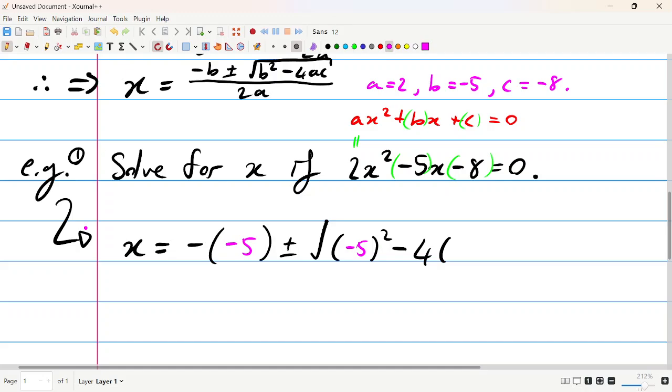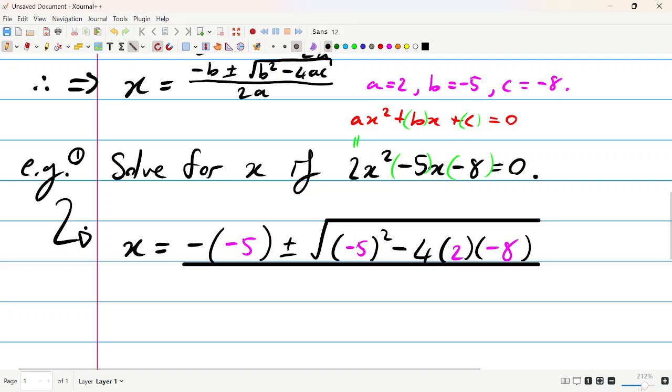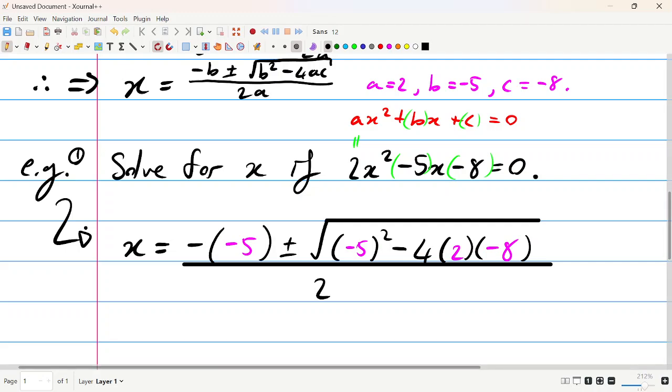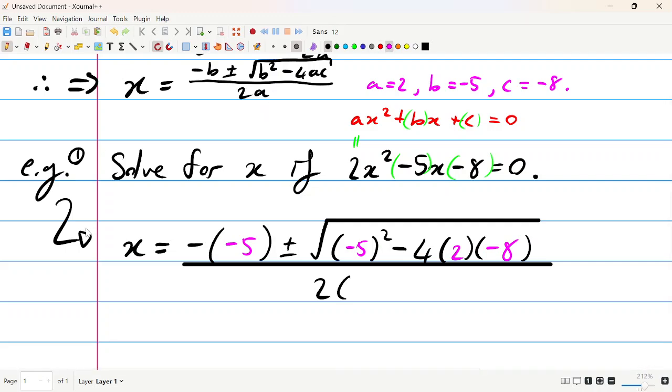What is a? It's 2. And then we multiply it by c, which is negative 8. That is what we have for the top. Now for the bottom, it's going to be 2 times a, so 2a. And what is a equal to? a is just equal to 2.